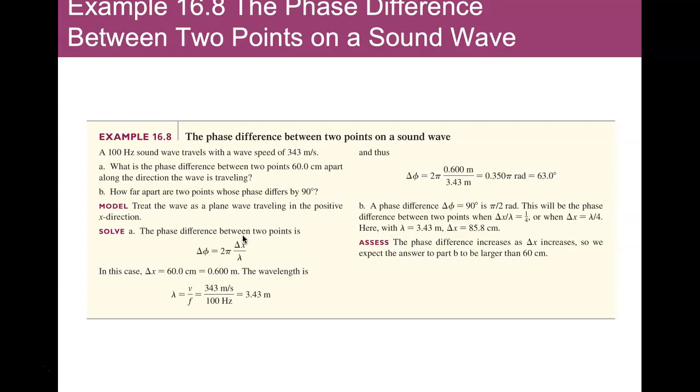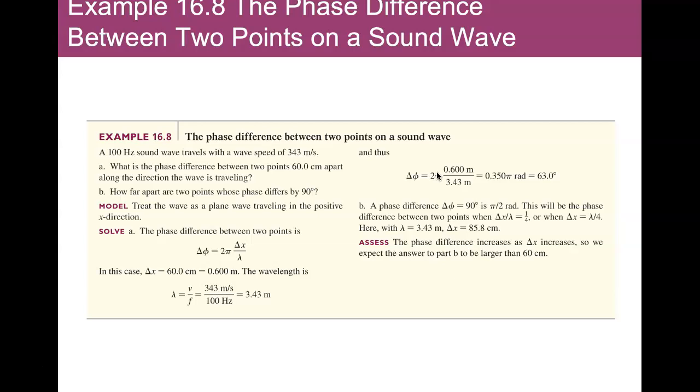We just need to find lambda, and we know the speed and the frequency. So lambda is the speed divided by the frequency. So we find lambda to be 3.43 meters for 100 hertz. And then we just put it into the expression for the phase difference, and that gives us an answer in terms of radians.